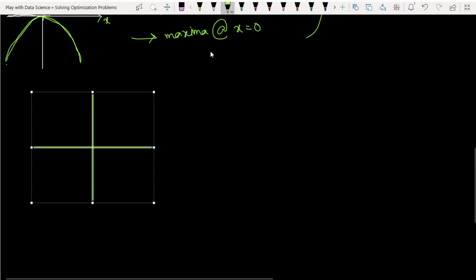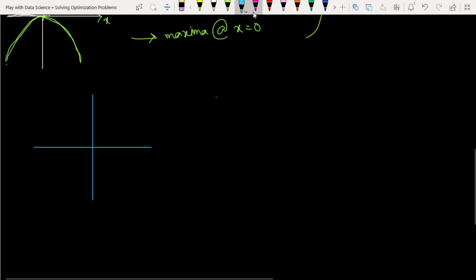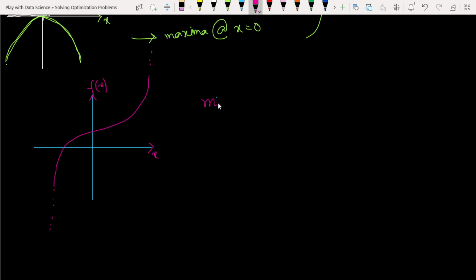If we see this graph, in this graph we cannot find f of x. In this graph, we cannot find a maximum.